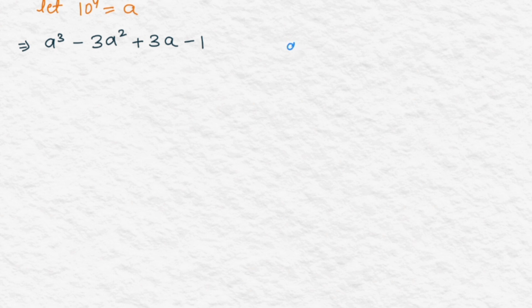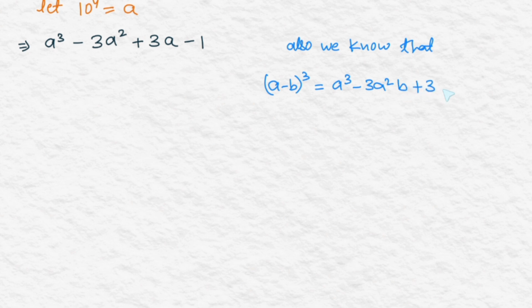Also, we know that a minus b whole cube is equal to a cube minus 3a square b plus 3ab square minus b cube.